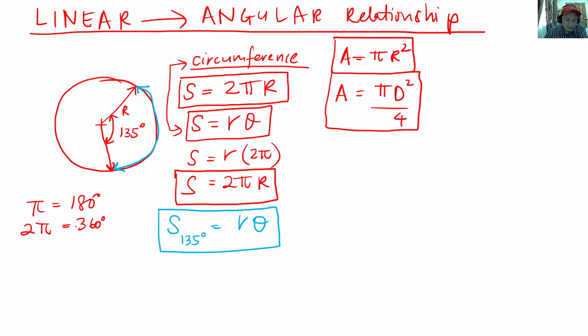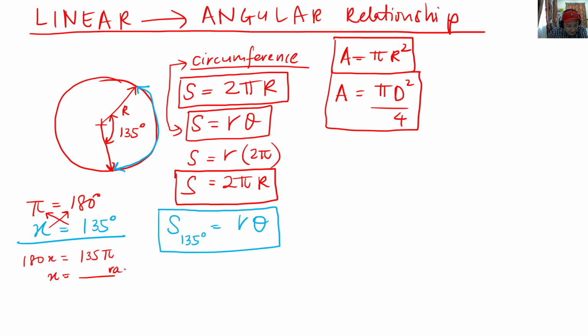Now you have to change it to radian. x is equivalent to 135, multiply this one and this one, 180x is equivalent to 135 pi.